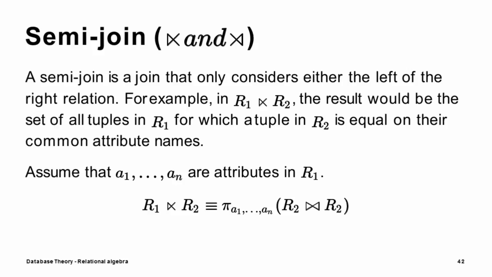The first one has an open end to the right, and the right symbol has an open end to the left. So it depends on whether you are doing it on the left side or the right side here. It skips one of the relations. It's just interested in one of them, but there's a condition to it.